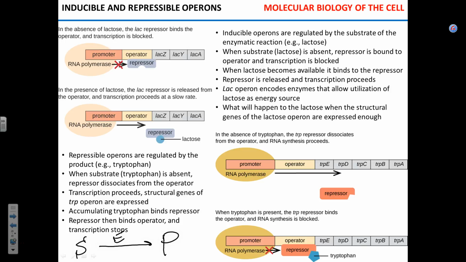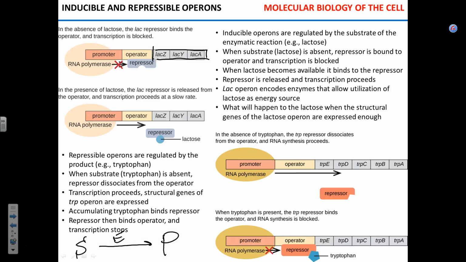The lactose operon. Its structural genes encode enzymes that are necessary for use of lactose as the nutritional source. Does that make sense? The structural genes encode for enzymes that bacteria need to use lactose.